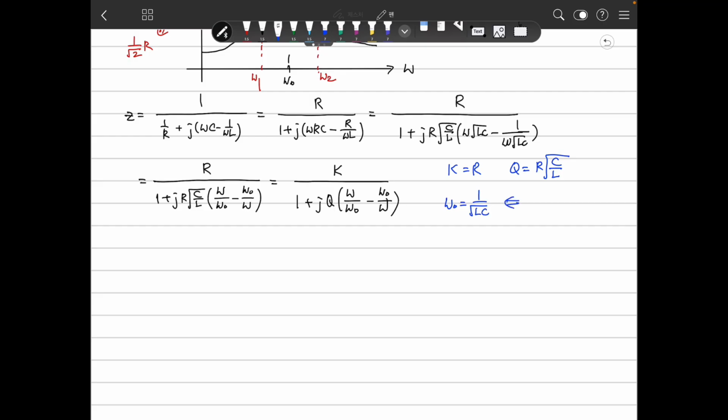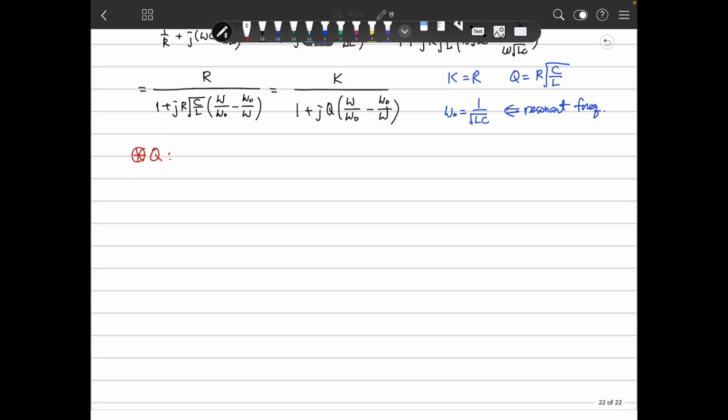So this is the resonance frequency. And especially we call Q the quality factor.